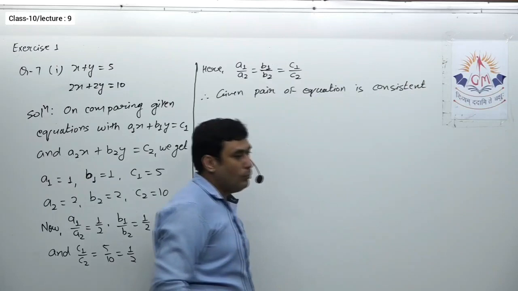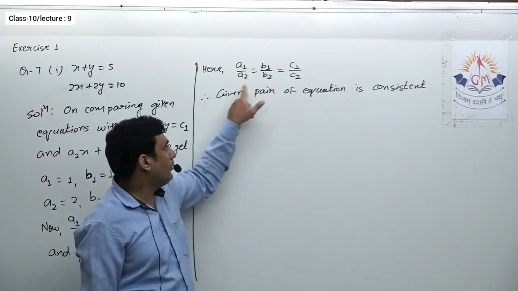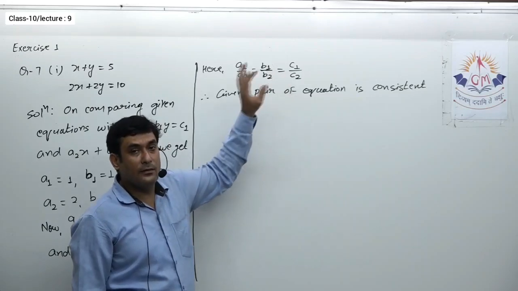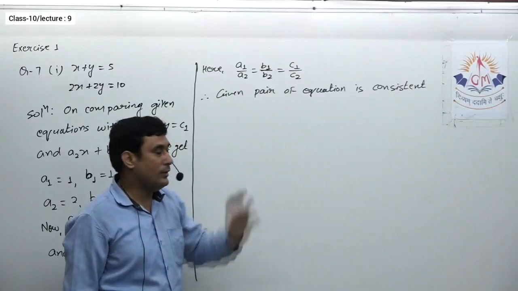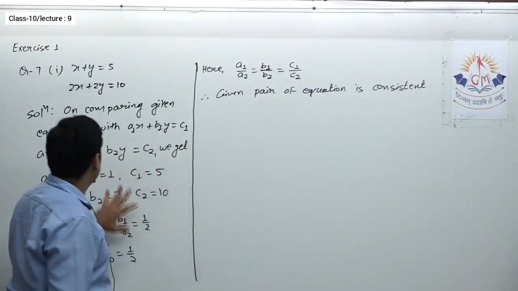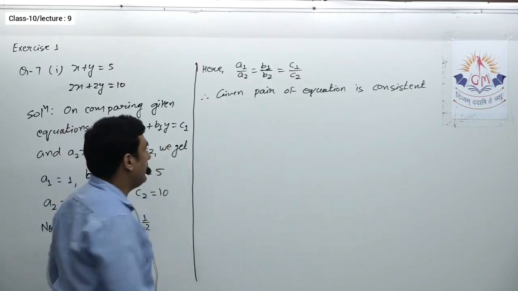Two more things we got: there must be infinite solutions because all three ratios are equal, and if we draw their graph, we'll find the lines are coinciding. So after this, what next we have to do is find the solutions for each of these lines.